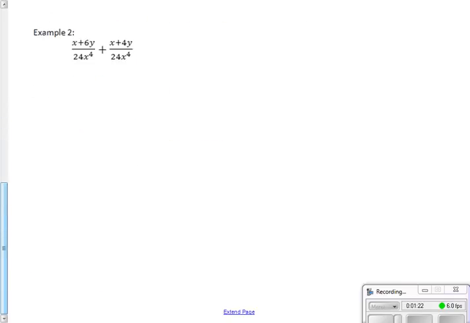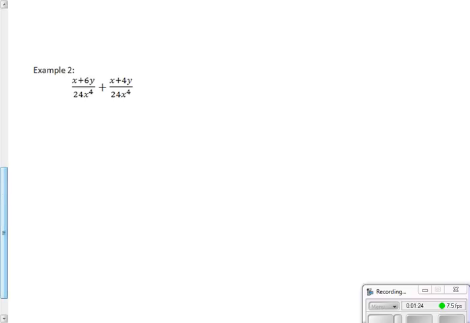Example 2 has a common denominator. The common denominator in example 2 being 24x to the 4th power. So now we can go ahead and add those numerators. The numerators here, basically what we get is x plus 6y plus another binomial, which was x plus 4y.